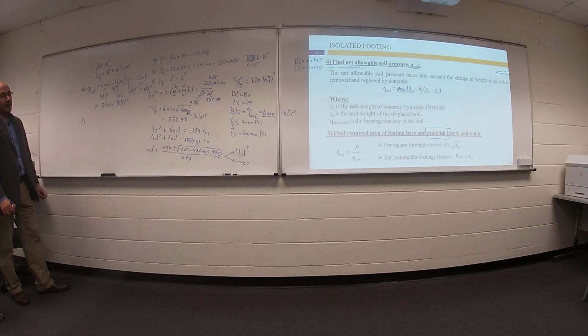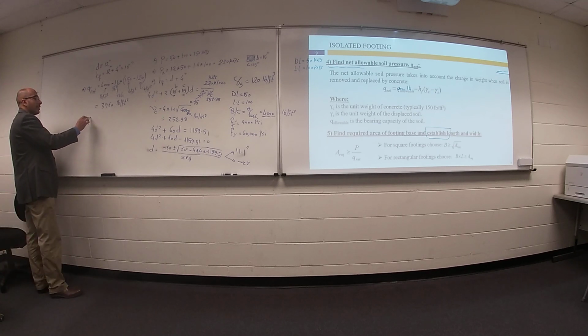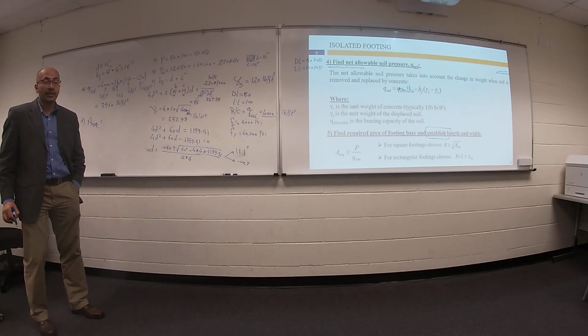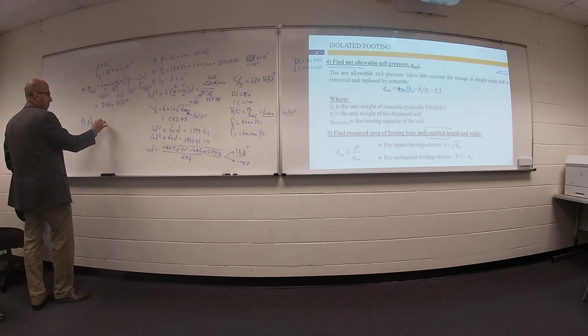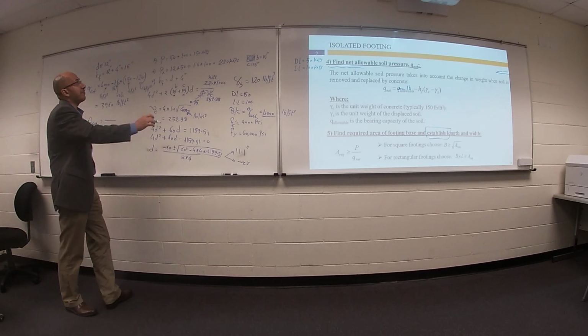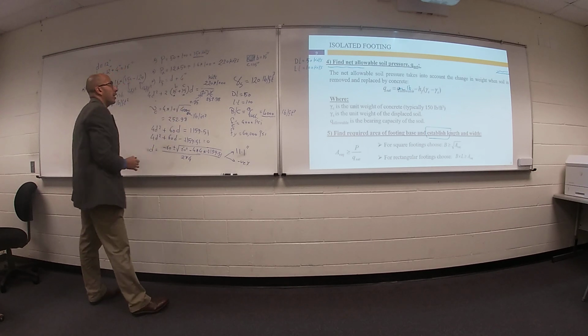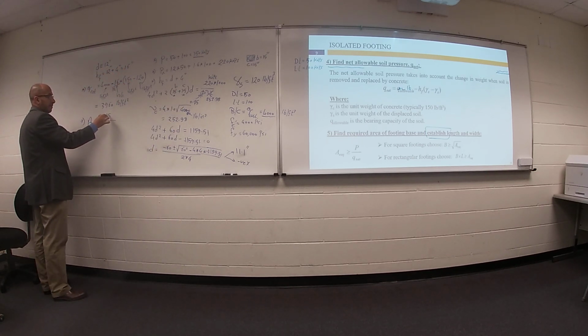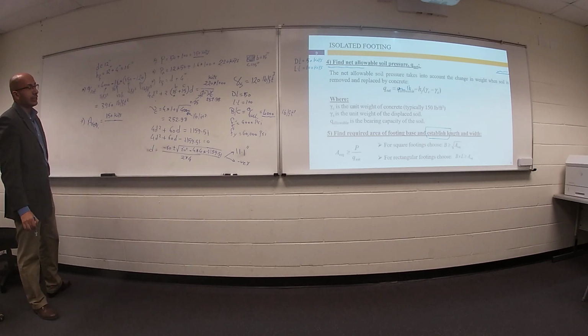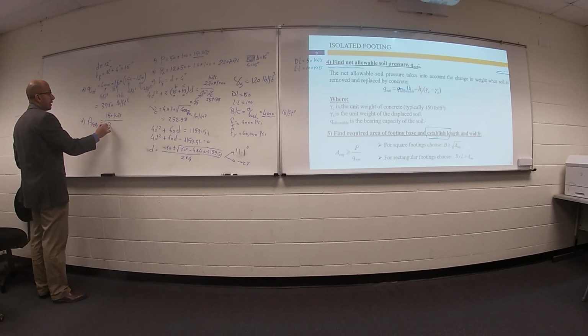What is the area required of footing? Your area required equals P, your unfactored load or service load, 150 kips, divided by Q net, 3,960.